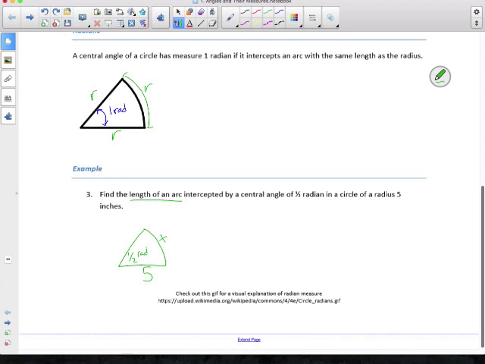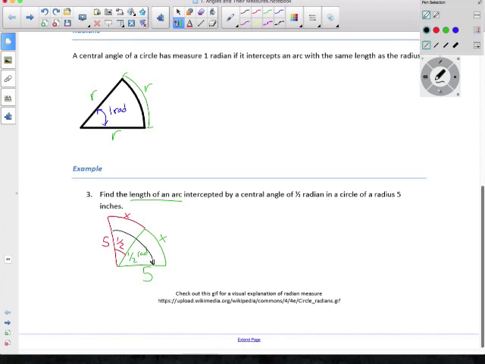Okay, so if I take this 1/2 radian and I duplicate it over here, so here's another 1/2 radian. This is going to be the same measure, and this is 5. And what I have now is a measurement that is 1 radian across. So from here to here is 1 radian. And according to the definition right above, the arc length associated with 1 radian is equal to the radius.